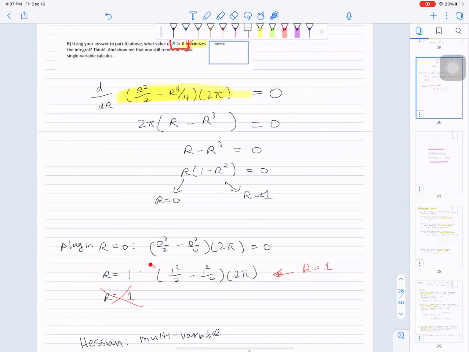If you wanted to do the first derivative test, you make a sign chart, you could, but it also works if you plug in your value and see which one gives you the largest number.